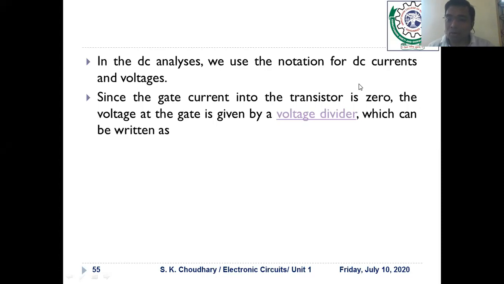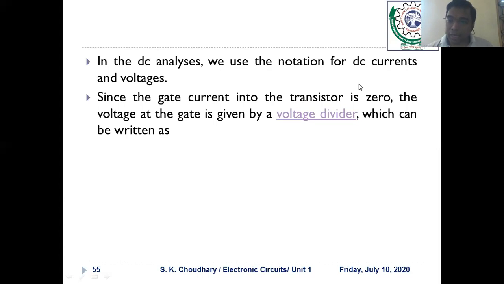And if it is a combination of AC and DC, which sometimes happens, then you have to use this notation. For voltage, V is small, and whatever the terminal, for example GS, vGS. So V is small and GS is capital, which means it is a combination of DC plus AC voltage.